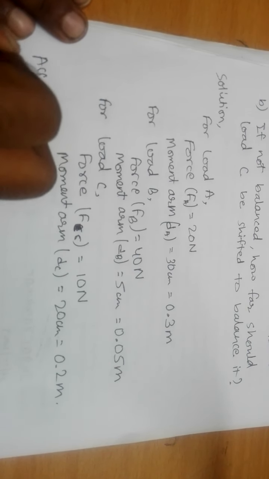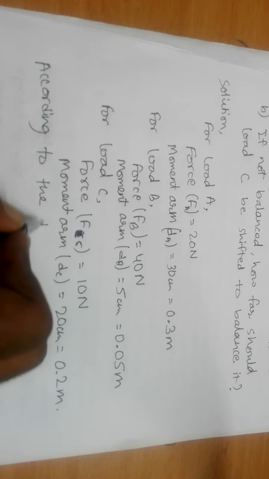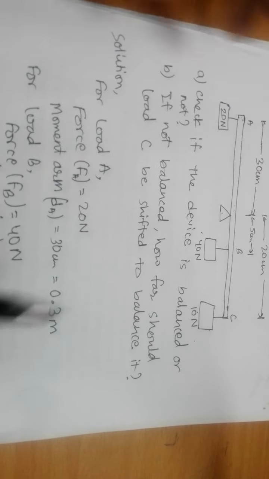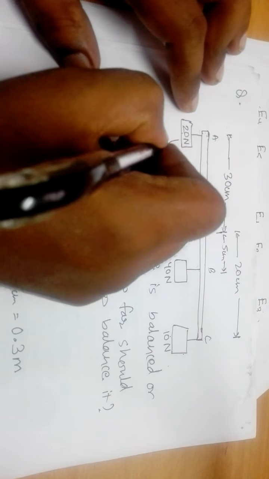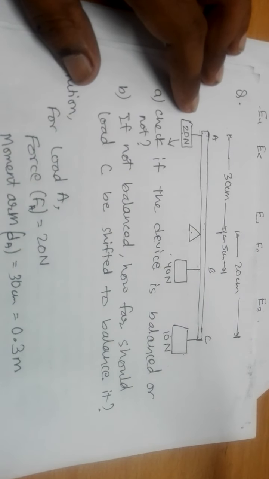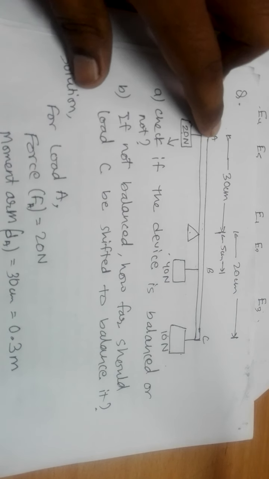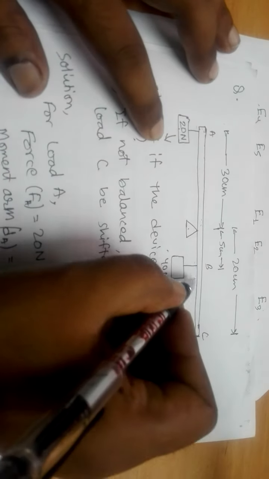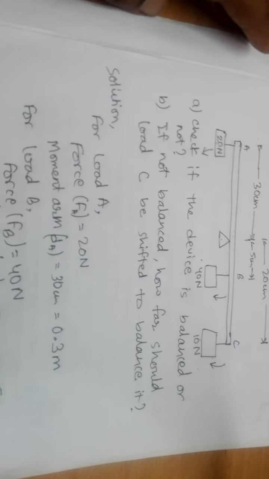And according to the diagram, look at the diagram, you can see that load A produces anti-clockwise moment, isn't it? Load A tends to rotate the machine in this direction, that is anti-clockwise direction, whereas load B and load C produce clockwise moment.